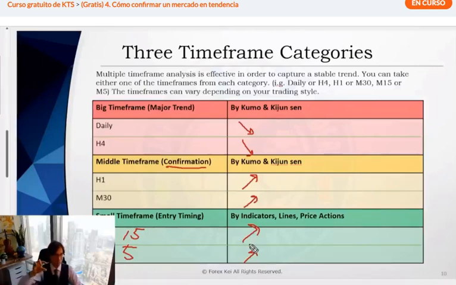Then M5 goes up, M15 becomes bullish also, M30 also becomes bullish, and H1 becomes bullish, and then eventually 4-hour may become flat to bullish, and then daily becomes flat to bullish. So the trend starts from the lower time frames.